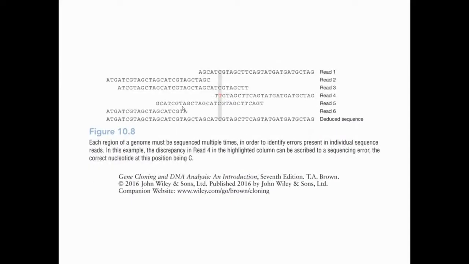And for DNA sequencing, normally you need to perform it several times just to confirm the DNA sequence at a particular position. So for example, in this region, they performed the sequencing 6 times.